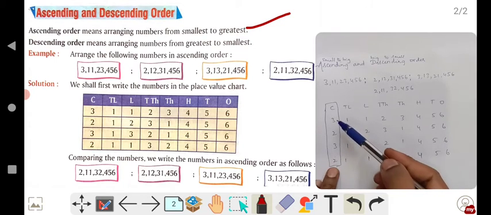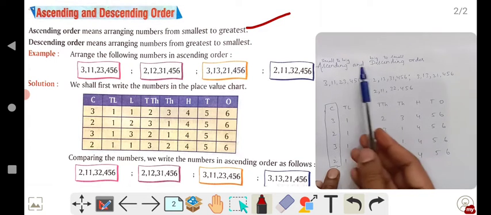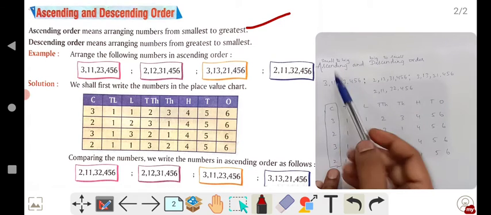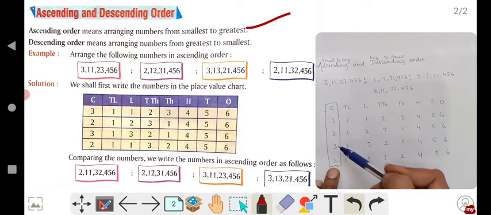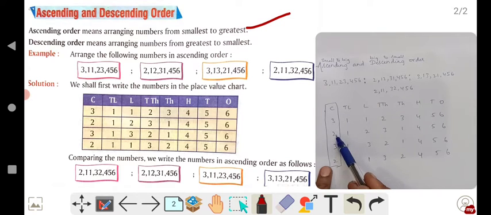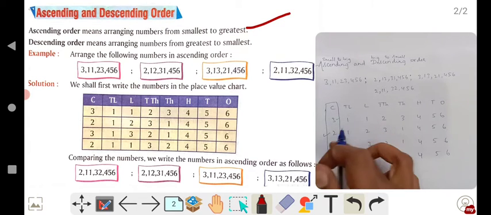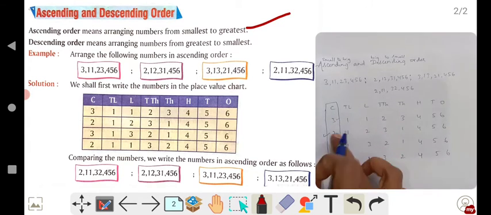Which is small, because we are starting with ascending order. In ascending, small to big. So first you see which number is small. Two digits are small here. You can see two numbers, 2 and 2, they are equal, and 3. So 3 is big and 2 is small.